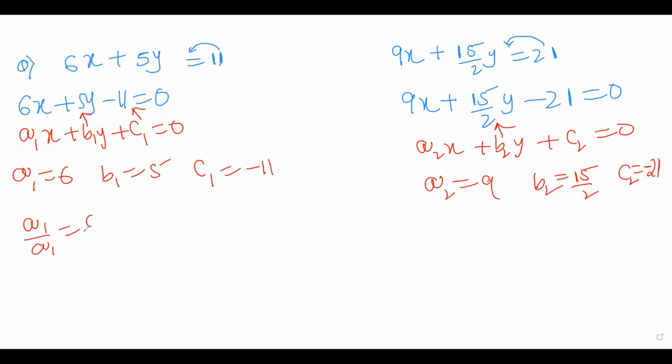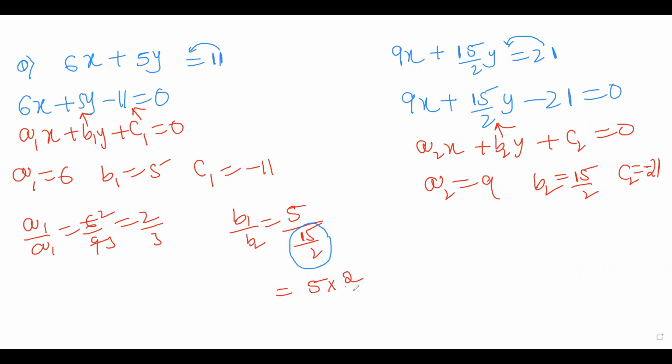Now check what is a1 by a2. a1 by a2 is equal to 6 by 9. 3 2s are 6, 3 3s are 9, so 2 by 3 is the answer. b1 by b2 is 5 by 15 by 2. The denominator will become reciprocal, so you will be getting 5 into 2 by 15. 5 how many times? 3 times.